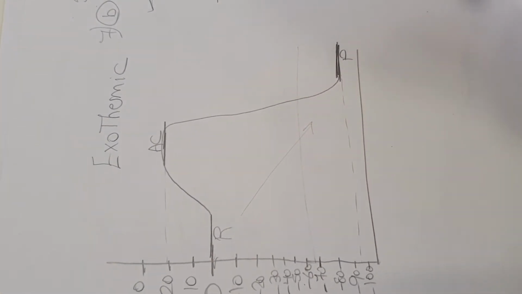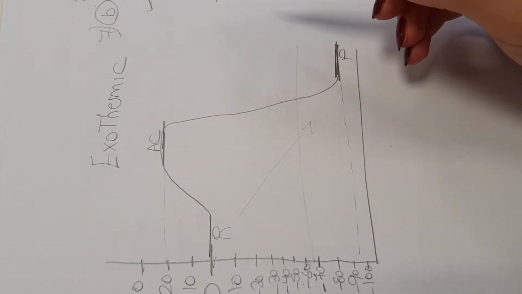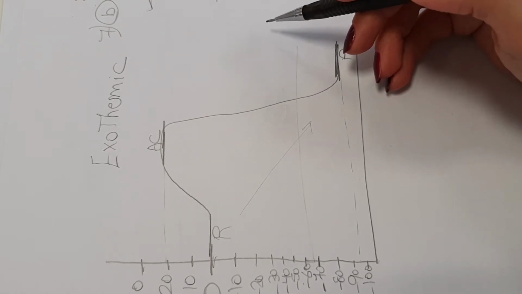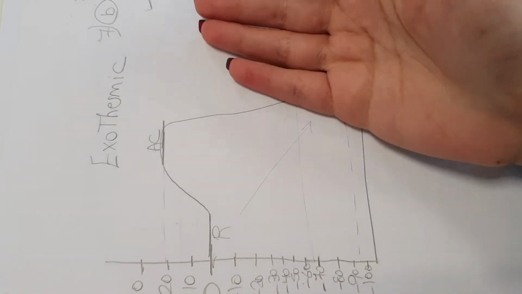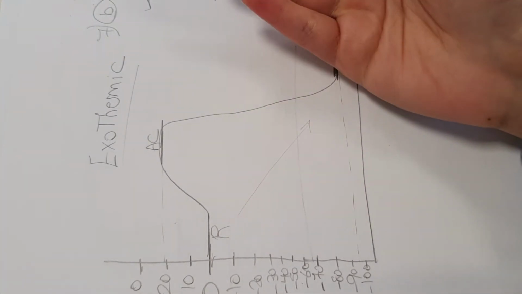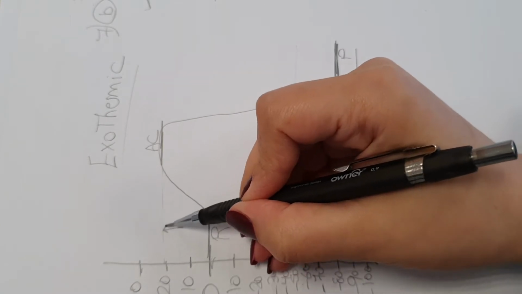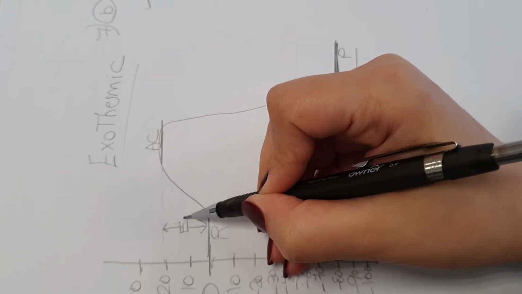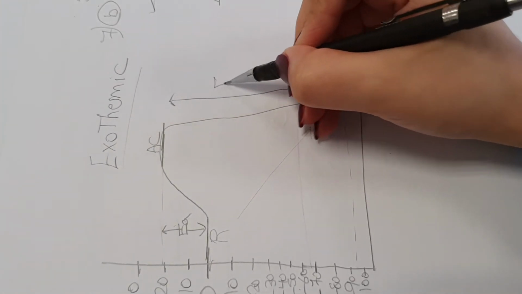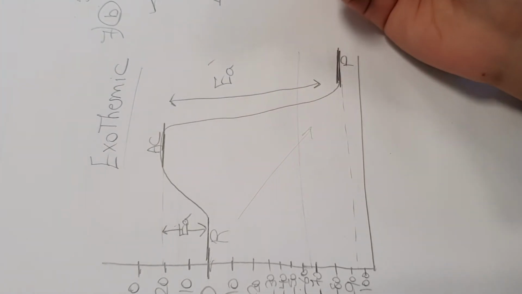Okay, you will not stop here just to draw it. Also, you have to label. First of all, you have to mention, is it exothermic or endothermic, and you know how. And now you will label the activation energy of forward, the activation energy of backward. What else?